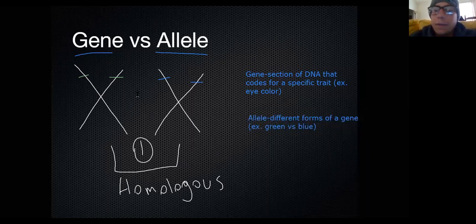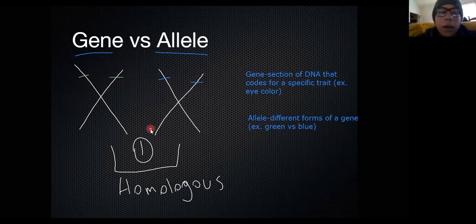Here's the difference: I have the same gene, because it's just a section of my DNA that codes for a specific trait. Both of these genes code for eye color, so it's the same gene, but they're different alleles. Why? Because they result in a different form, and that different form results in a different trait, either green eyes or blue eyes.